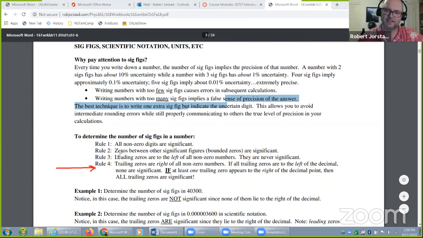Leading zeros, to the left, are never significant. And trailing zeros, it depends. So notice this big if. On quiz day, you know I'm going to ask you a question about rule 4 because that's the tricky one. So let's take a look at some examples, and I'll try to show you on the screen here.